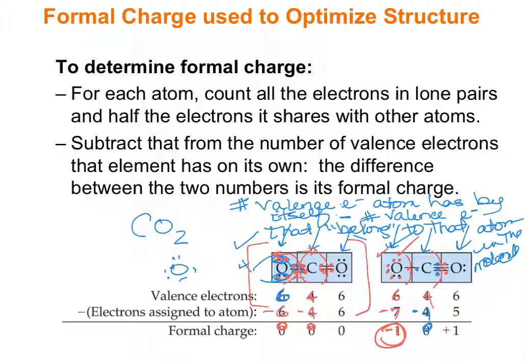This oxygen on the end, as all oxygens on their own, starts with 6 valence electrons. In this structure, 1, 2, 3, 4, 5 valence electrons. So in this structure, that oxygen has a formal charge of +1.